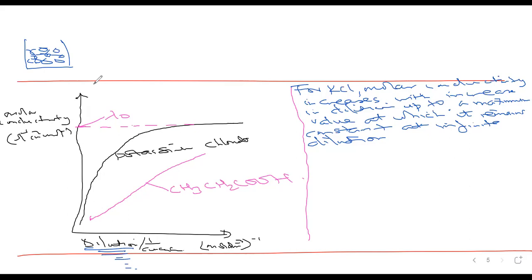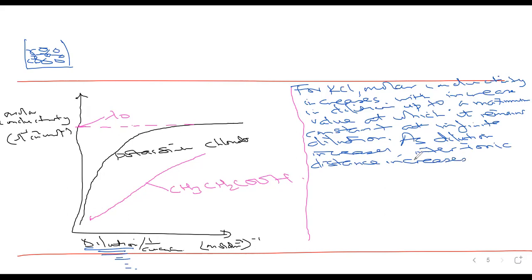So you say as dilution increases, interionic distance increases. Distance between ions increases. Ionic interference decreases, and ionic mobility increases.